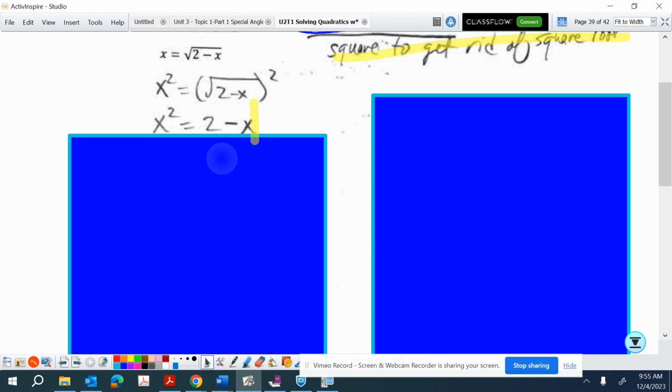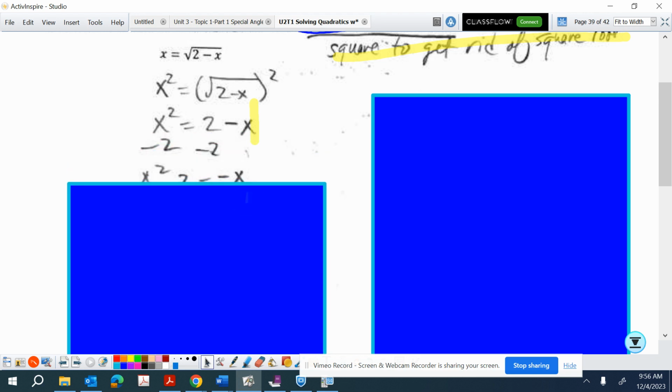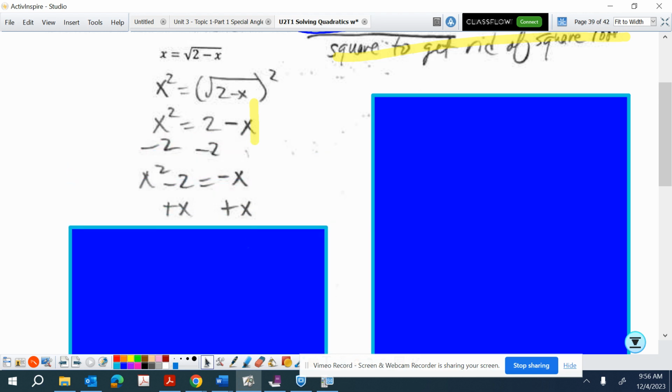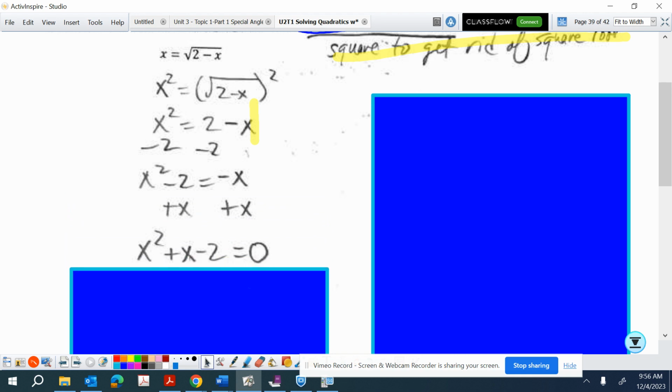Because you're going to get two solutions and it's a quadratic, you're going to put it in quadratic form. Quadratic form means I want all the terms on one side of the equal sign and the equation set equal to 0. So I'm going to subtract 2 from both sides. I'm going to add x to both sides. And now if you look at the right side of my equation, it's x squared plus x minus 2.